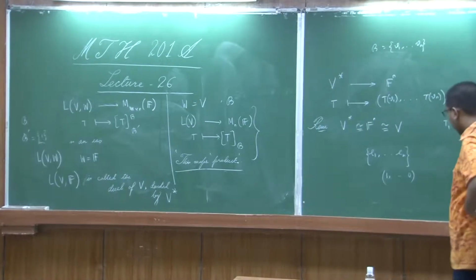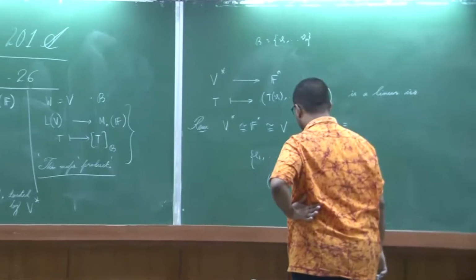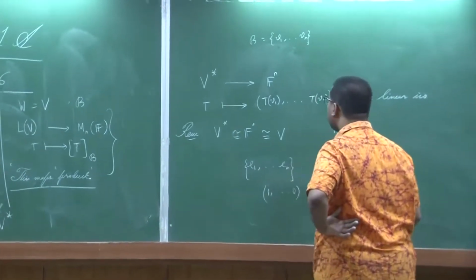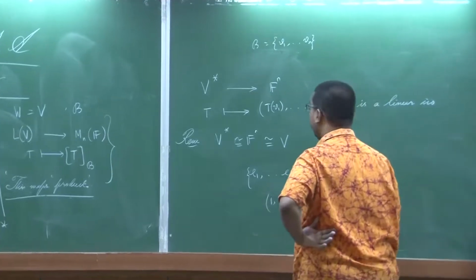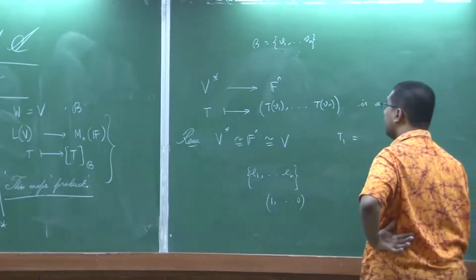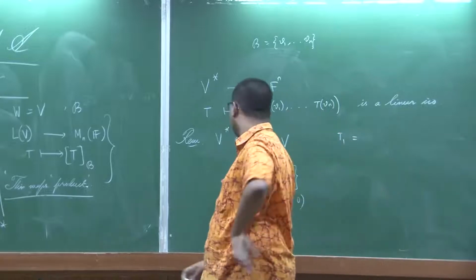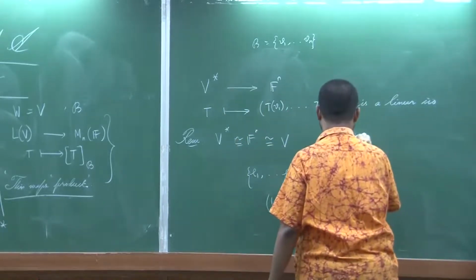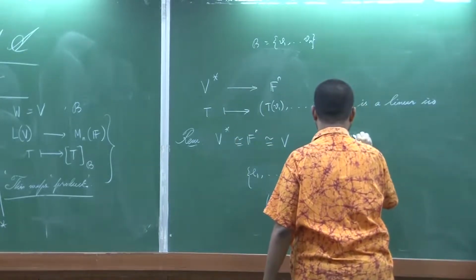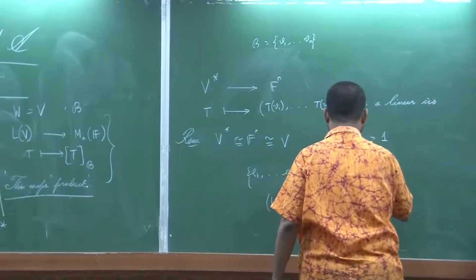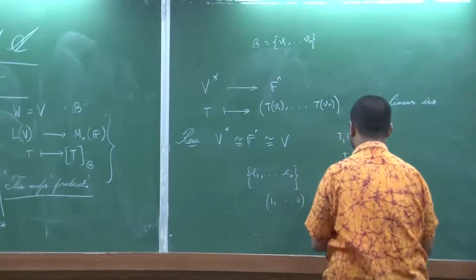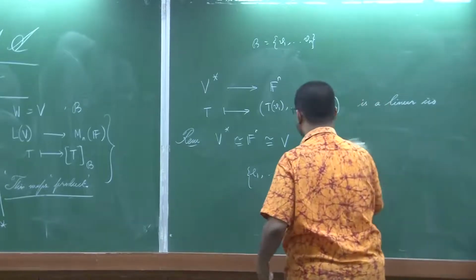How do we do that? So, T1 is going to be the following map which sends V1 to 1, and T1 on the other Vj's is 0. So, let me write the general formula for Ti.